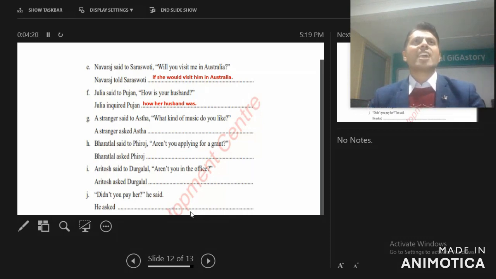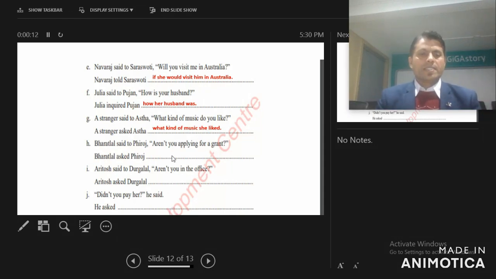A stranger asked Asta what kind of music she liked. You changes into she. You is a second person pronoun, changed according to the object. The object is Asta, so we write she. She liked what kind of music she liked. Got it?